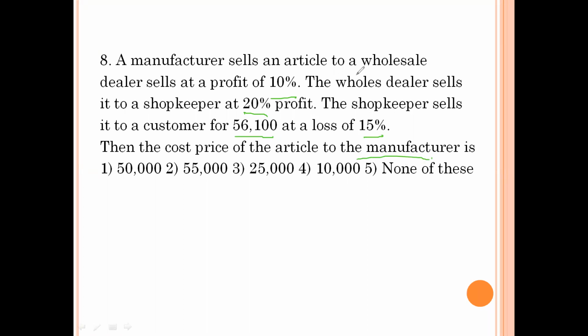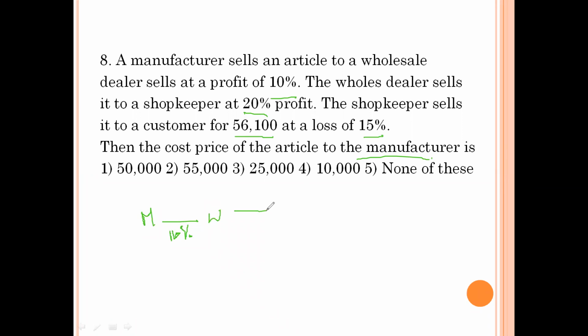So the manufacturer sells an article to a wholesale dealer at a profit of 10%. So manufacturer sells with 10% profit means he sells with 110% value. Generally we take cost price as 100%. Profit means 100 plus 10, 110%. He sells with 110% to the wholesale dealer.